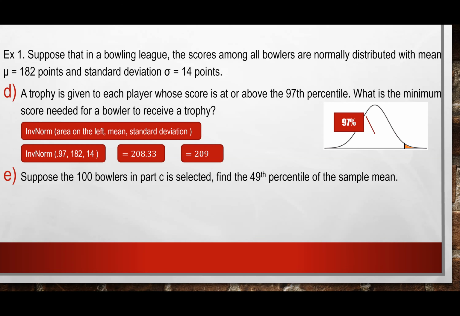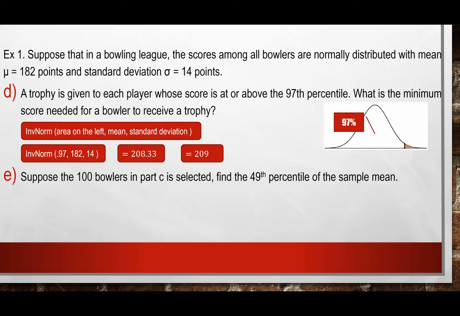Discrete data is what you count: 1, 2, 3, 4, 5, the number of pins, or the number of books you have. You cannot have half of a book, or half of a person. So because it's discrete data, we go up to the next whole number.